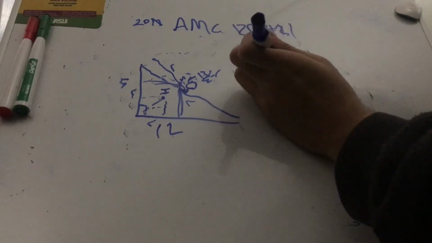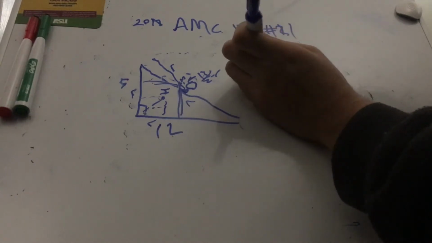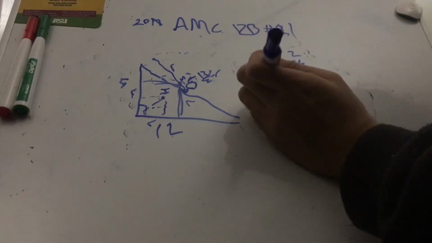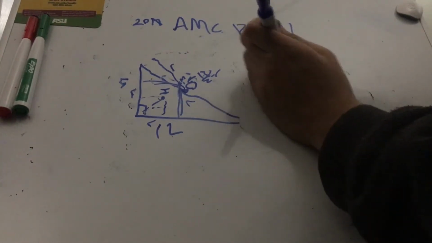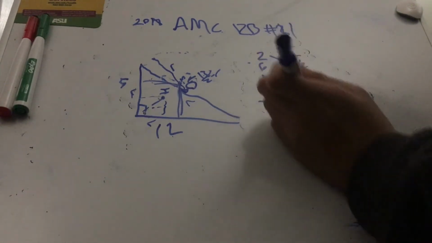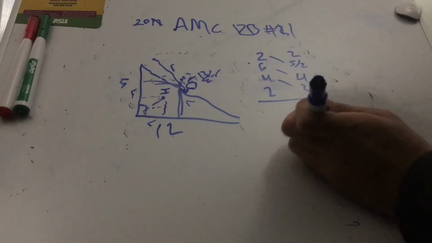So we start with the vertices like this: 2, 2; 6, 5/2; 4, 4. We repeat the one on top, and we start doing cross products. For this one, 2 times 5/2 is 5, 6 times 4 is 24, 4 times 2 is 8. If you add that up, 24 plus 8 is 32, plus 5 is 37.